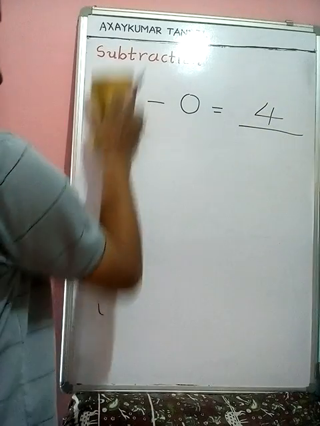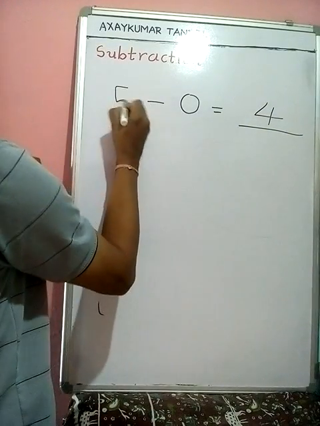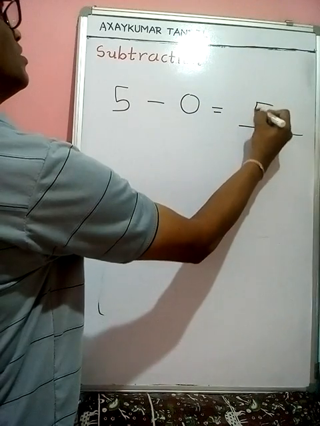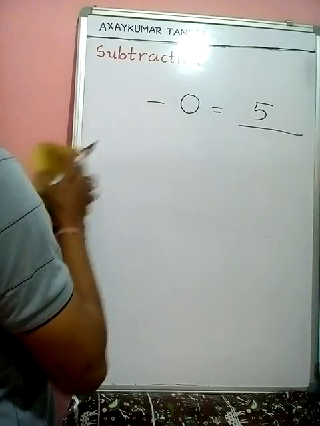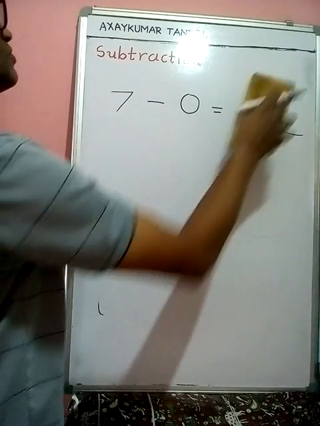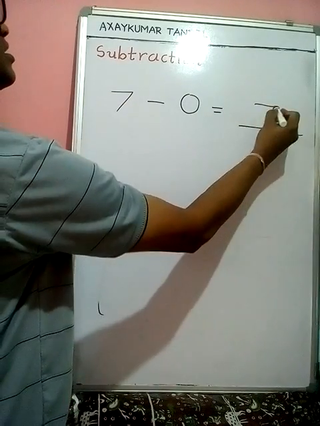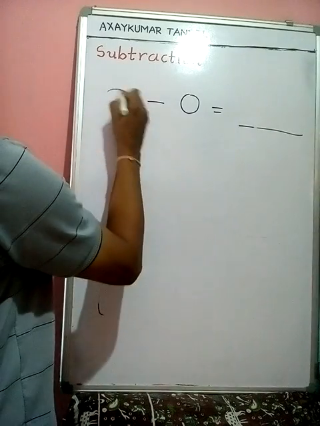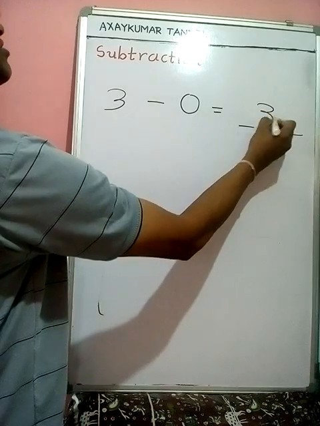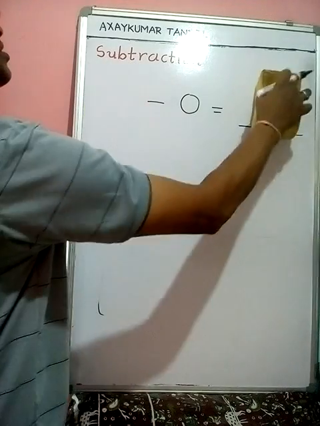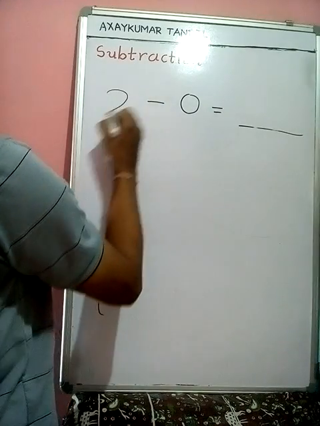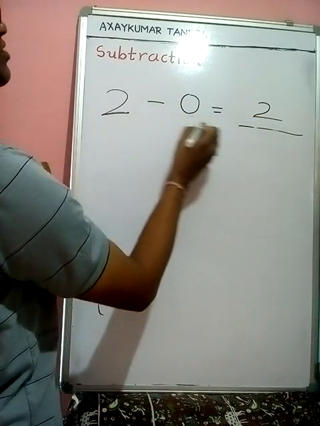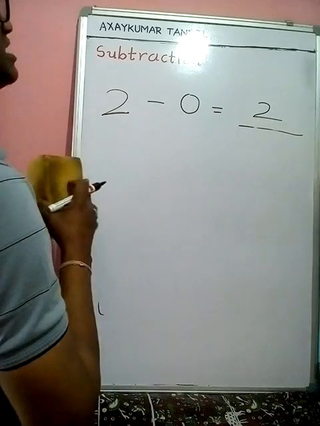Thus 5 minus 0 is equal to 5. 7 minus 0 is equal to 7. 3 minus 0 is equal to 3. 2 minus 0 is equal to 2. Any number minus 0 is equal to that number is answer.